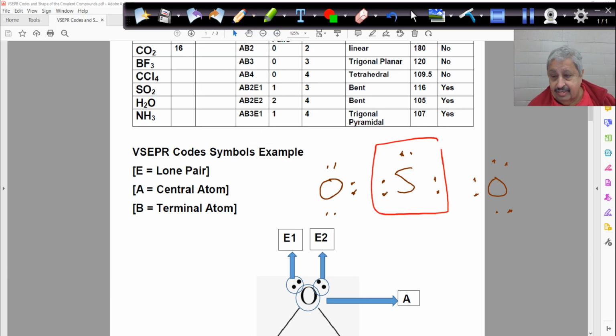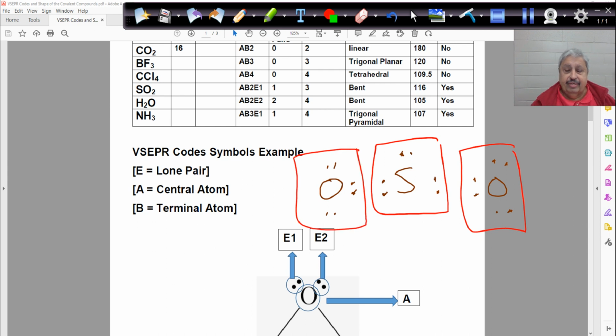This is sulfur. This is oxygen. I'm boxing them with their valence electrons. So oxygen always loves to have itself to have octet, always in double bond most of the time, and nitrogen in the triple bond. So let's put double bond here, 2, 2, and there 2, 2.